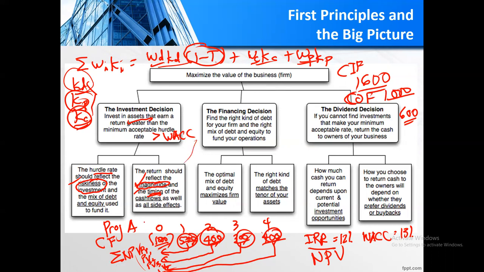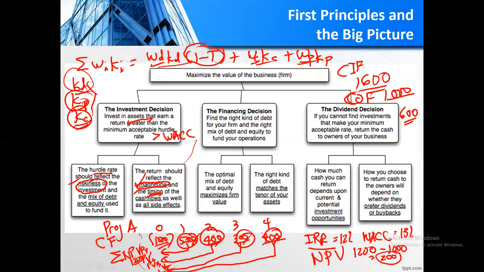So for purposes of example, let's say that if we add present value 1, 2, 3, and 4, we're going to get 1,200. I'm sorry guys for the small font already. The present value of your cash flows is 1,200 minus the investment of 1,000. So the net present value is 200.